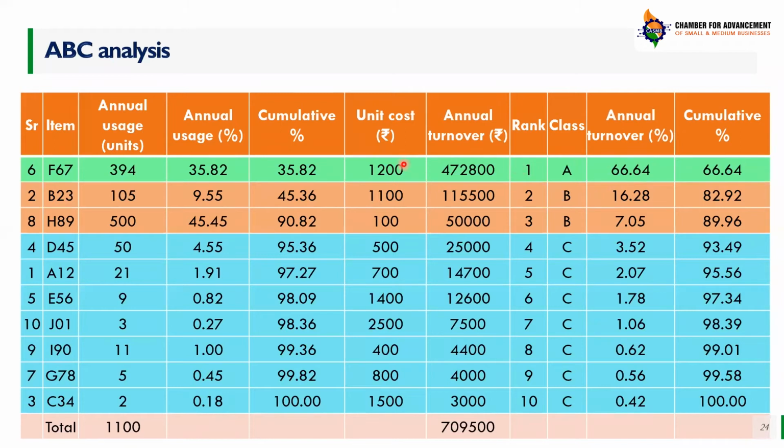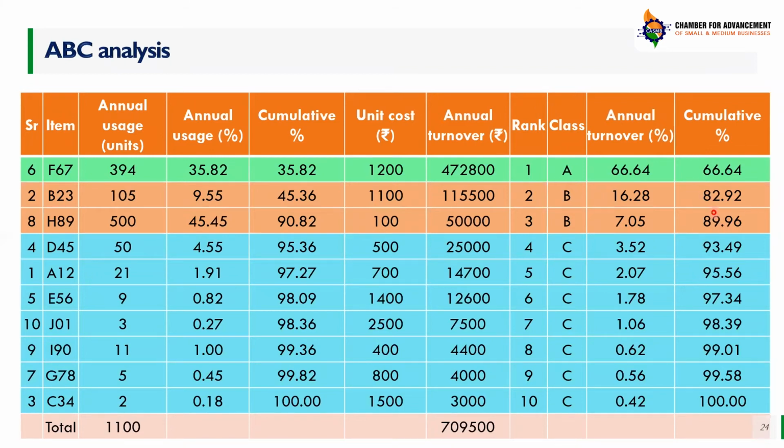That will be classified into class A. Then these two together have approximately 25%: 16.28 plus 7.05 comes out to be 23 point something. So this should be classified into class B.